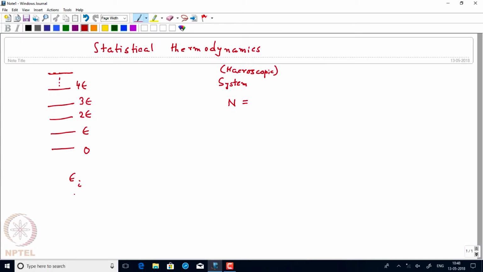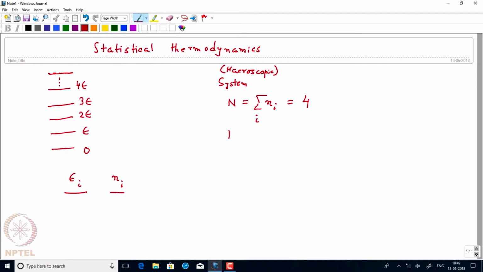If the energy of an arbitrary level i is epsilon i, and the number of particles in that level is Ni, then I can say that the capital N, the total number of particles, is nothing but the number of particles in the ith energy level, summed over all the energy levels. And let's take a number, let's say I have 4 particles.